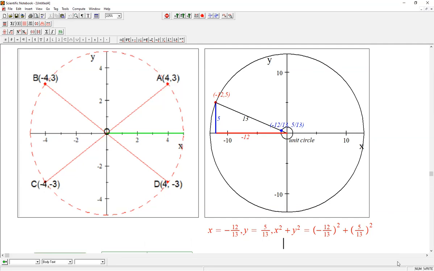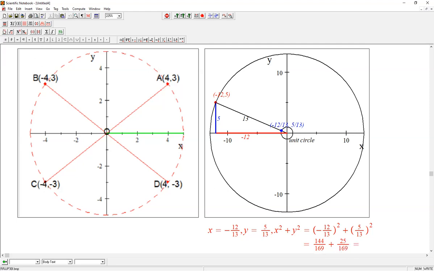You will get -12/13 squared is 144 divided by 169, plus 5 squared over 13 squared is 25/169.